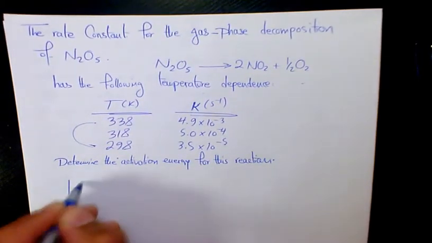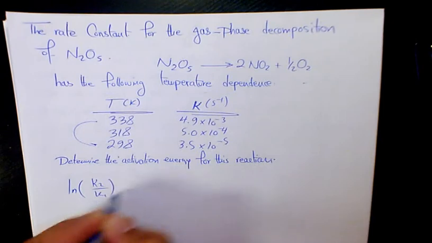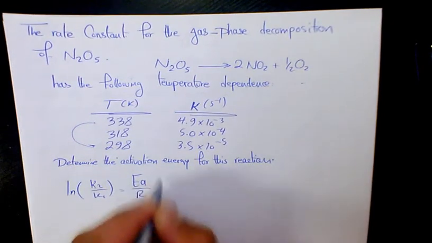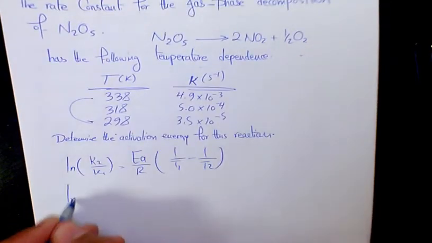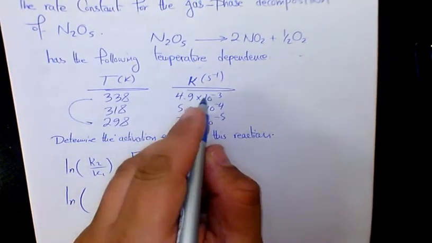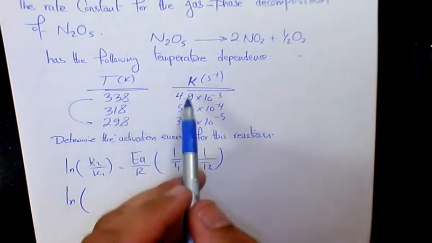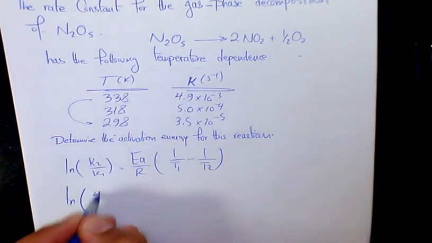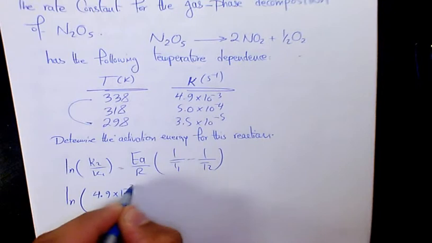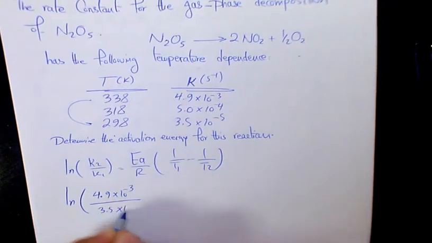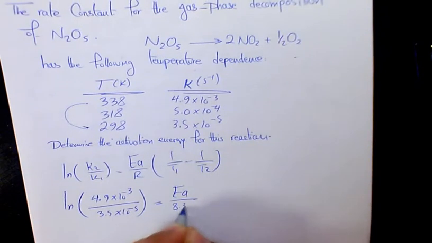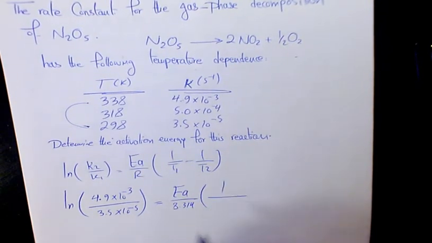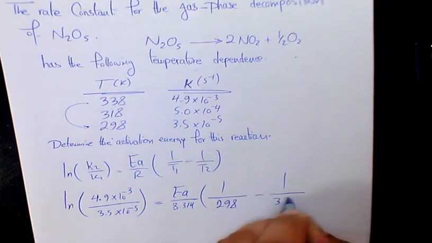So ln K2 over K1 equals EA over R times 1 over T1 minus 1 over T2. Let's consider this one as K2, 3.5 times 10 to the power of negative 5, EA over 8.314 times 1 over 298 minus 1 over 338.